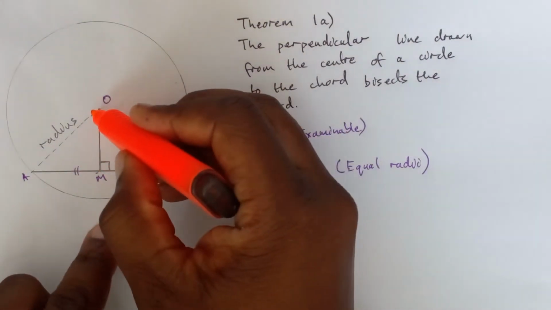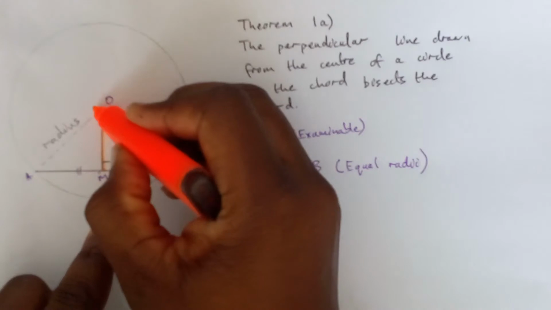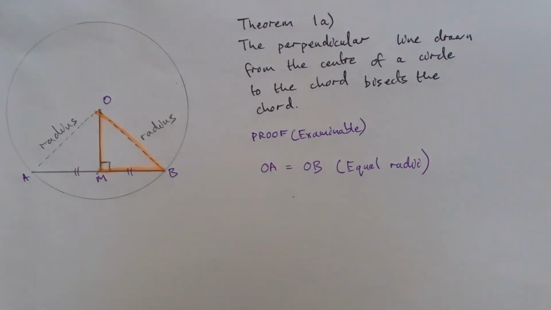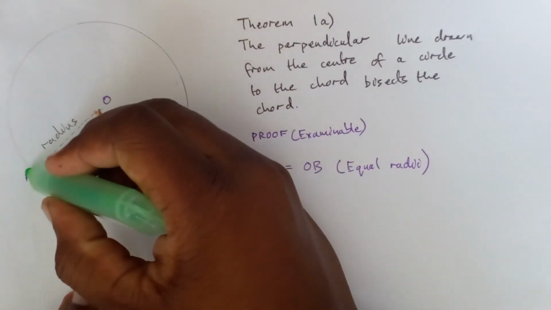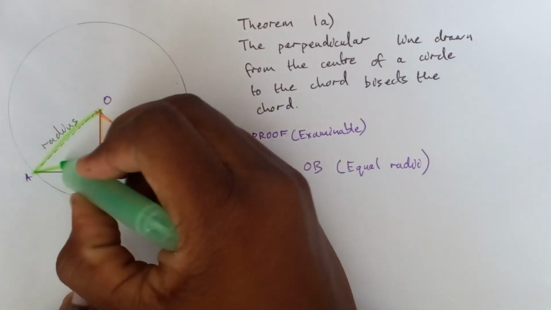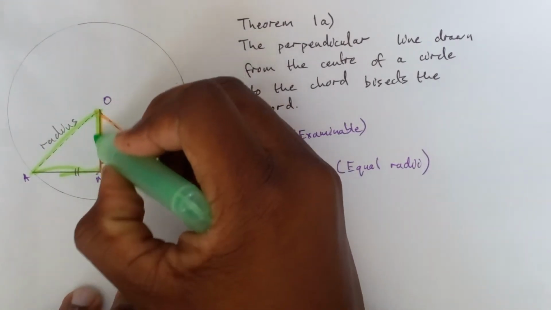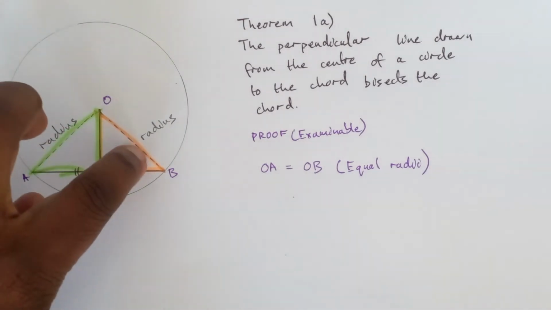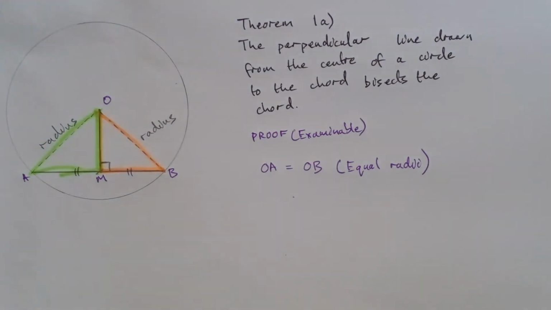Okay, so we've got the first triangle there, BOM, and we've got the other triangle, AOM. Okay, right. So what we're trying to do there is to try and prove that this triangle AOM and this triangle BOM are congruent to each other.